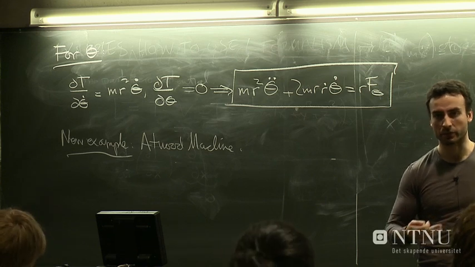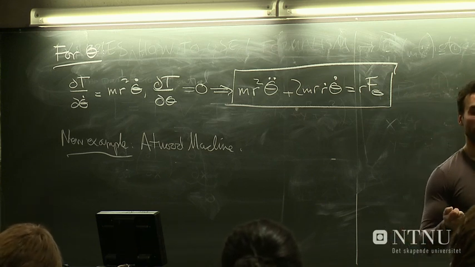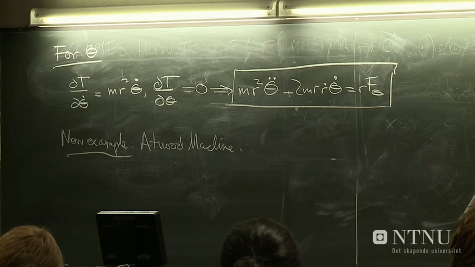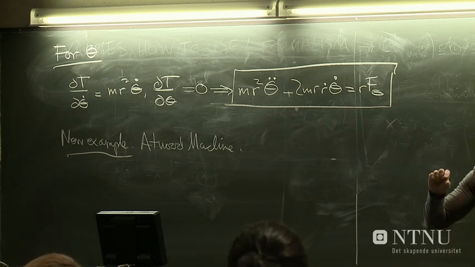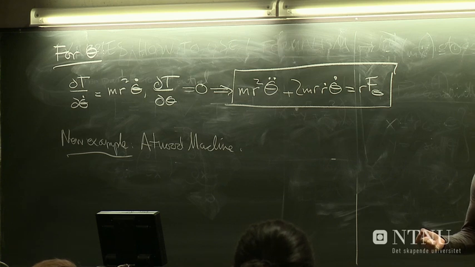This is probably a method you used a lot in high school to solve mechanical problems. You set up a force balance in each direction, and then you solve for each of the forces. This is supposed to illustrate that there is an alternative approach to solving for such systems.